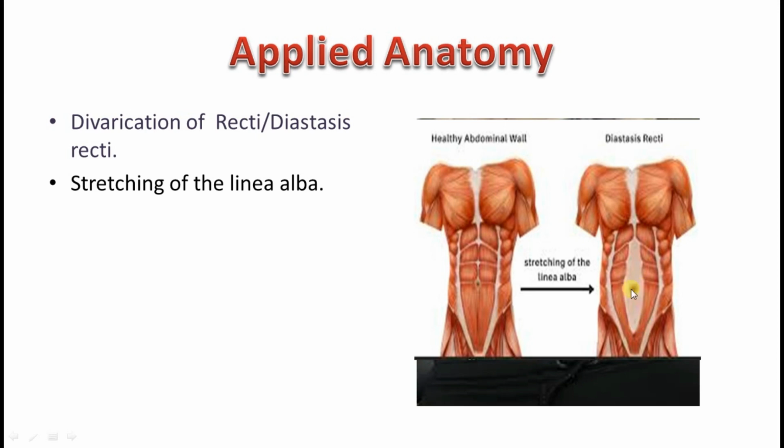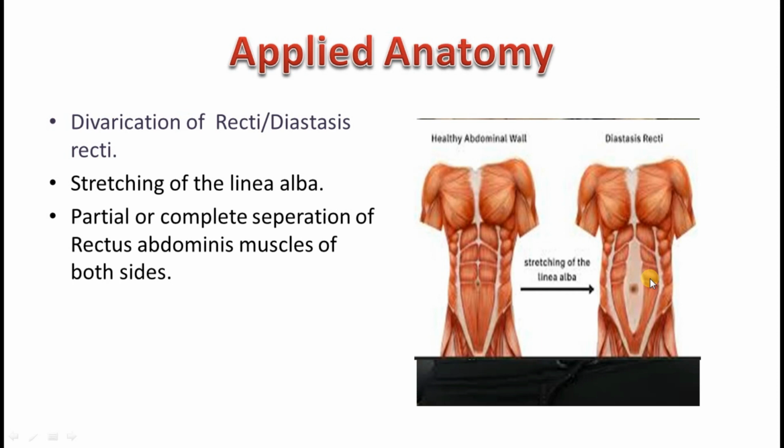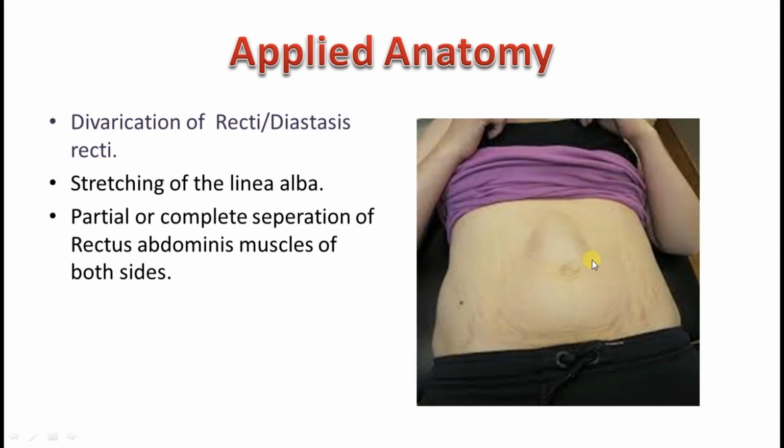When the gap between the two rectus abdominis muscles is more than 2.5 centimeters, then it is divarication or diastasis of the recti, a separation of the rectus abdominis muscle. This muscle becomes prominent or bulged, especially when it is contracted during exercises, weightlifting or strenuous exercises.